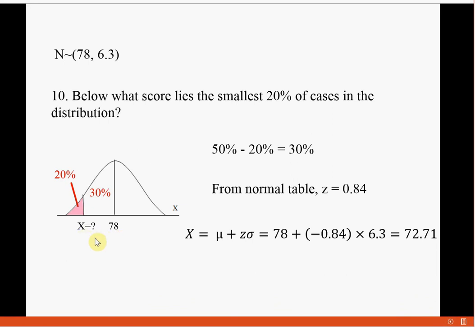Therefore, for the corresponding z-score, you need to add a negative sign when you bring it into the calculation. So 78 plus negative 0.84 times standard deviation 6.3 gives us 72.71. So this x value is 72.71. That's the answer to this question.